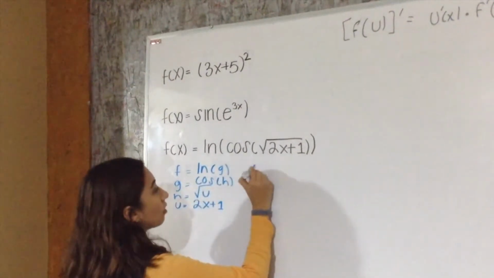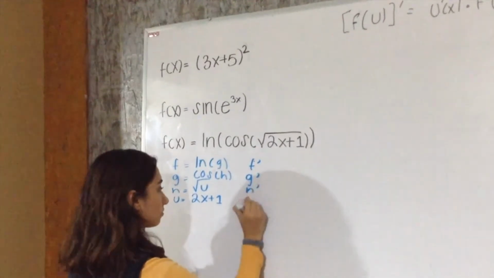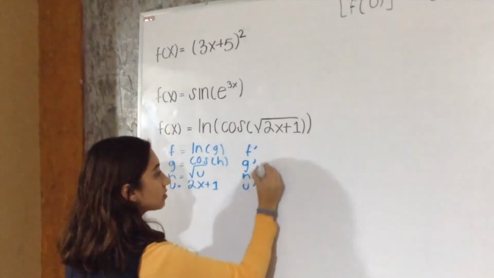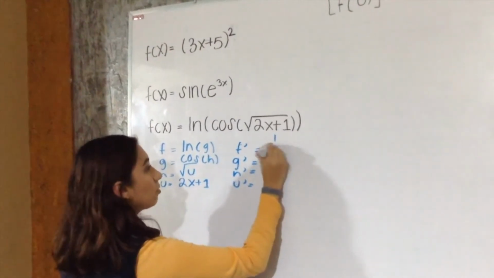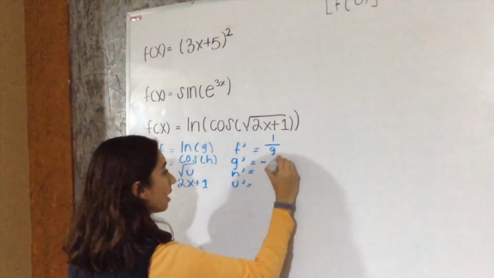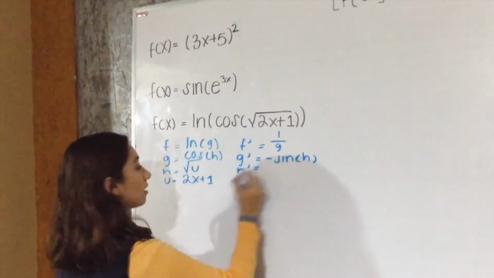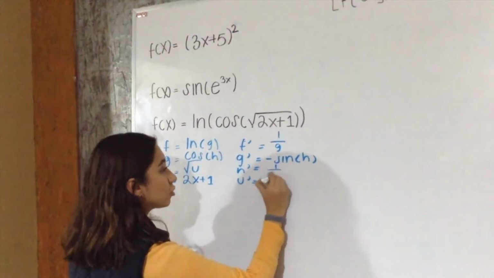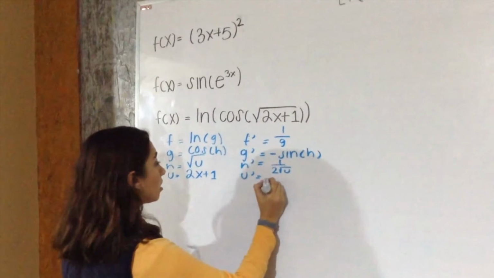The derivative of each function, starting with f, 1 over g. Now with g is minus sine of h. Now it's going to be 1 over 2 root of u. And the u is going to be 2.